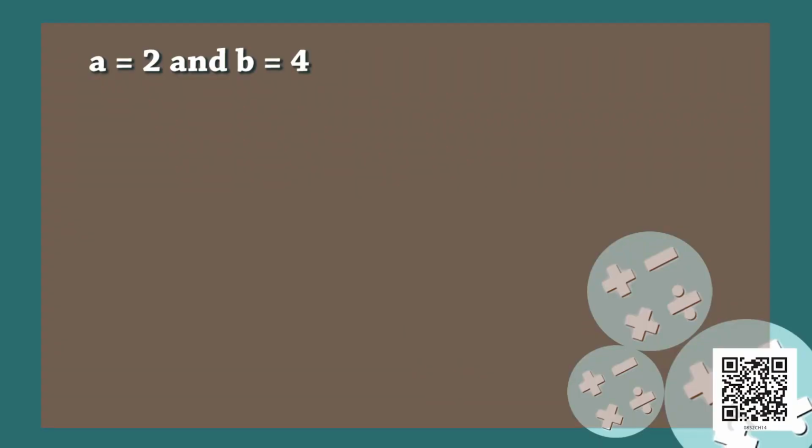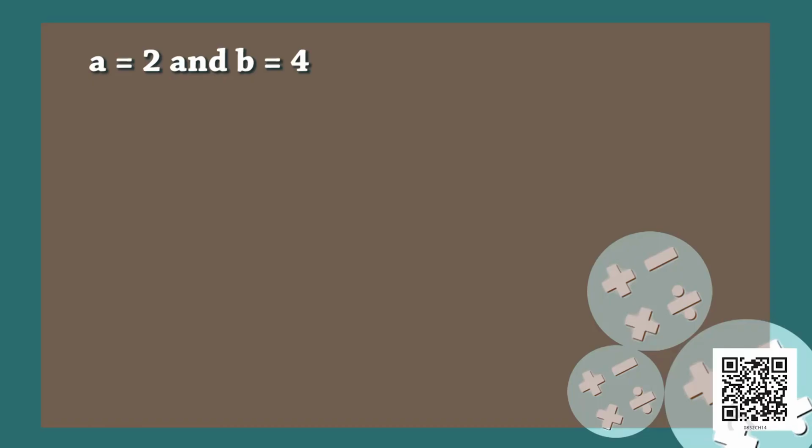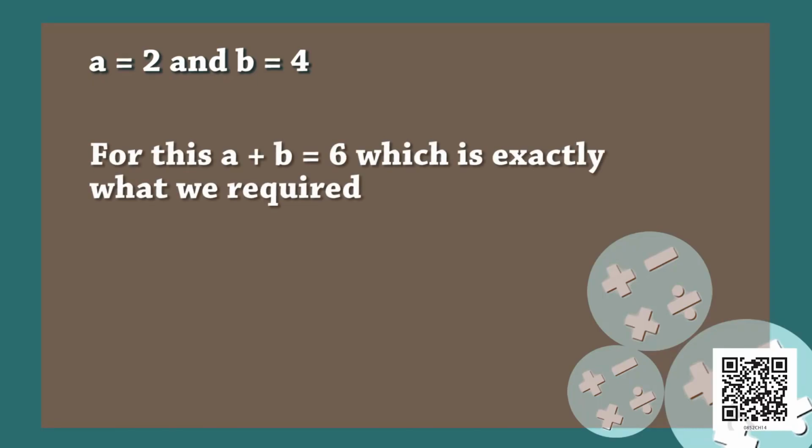Let us try by taking a is equal to 2 and b is equal to 4. Then a into b, meaning 2 into 4, is equal to 8, and a plus b, that is 2 plus 4, is equal to 6, and that is the term we want. So this clearly holds true for the given requirement.